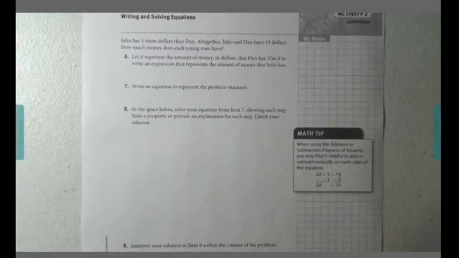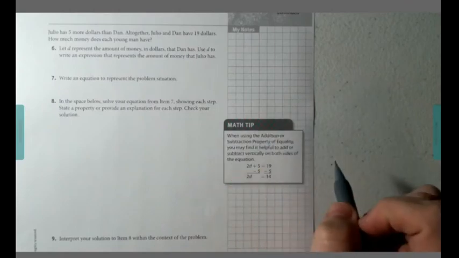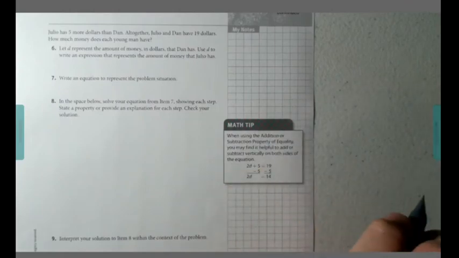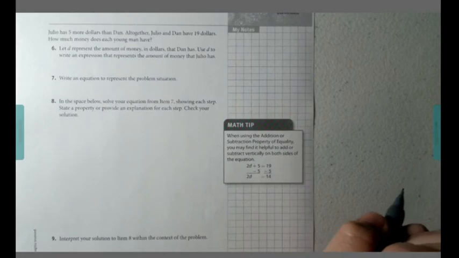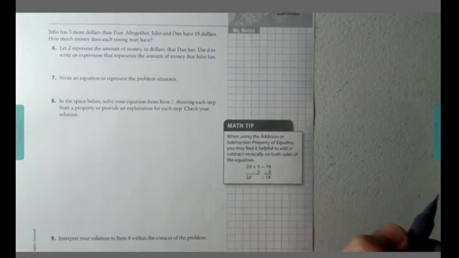The last section that we are going to chunk for lesson 2-1 is questions 6 through 10. You should have seen on the previous slide that I gave you this math tip that says when using the addition or subtraction property of equality, you may find it helpful to add or subtract vertically on both sides of the equation.